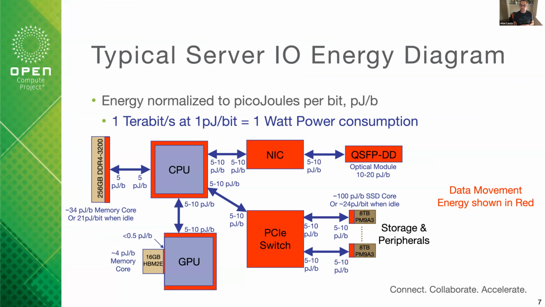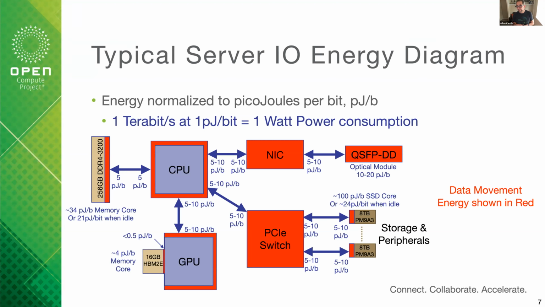So there's a 10x order of magnitude gain by bringing the memory on package. Not only that, the actual memory itself in the 3D stack is only 4 picojoules per bit for this HBM stack, compared to 34 picojoules per bit for a large memory DIMM, albeit at 256 gigabytes against the 16 gigabyte HBM.